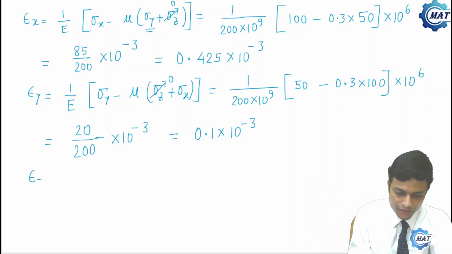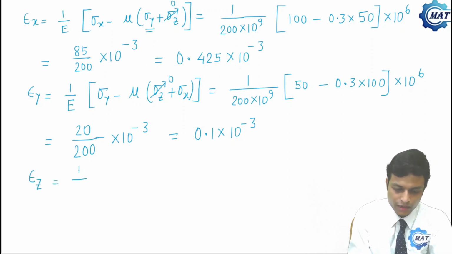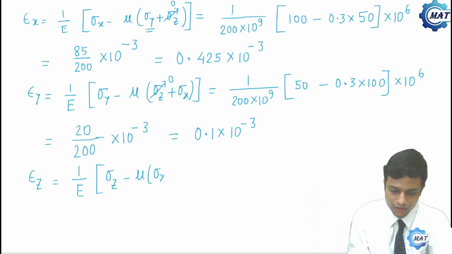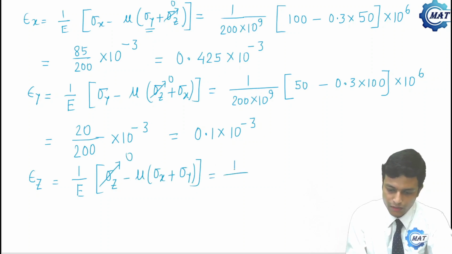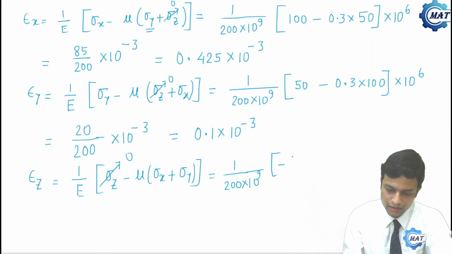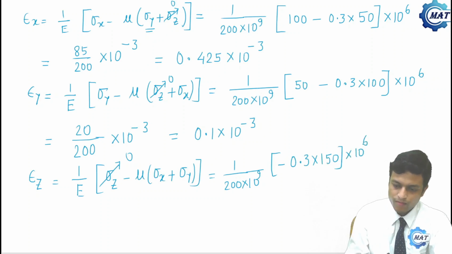Now, what is epsilon z? Let us first calculate all strain values. Epsilon z is 1 by E into (sigma z minus mu times (sigma x plus sigma y)). Sigma z is 0, so that is 1 by 200 into 10 to the power 9, minus 0.3 into 150 into 10 to the power 6.